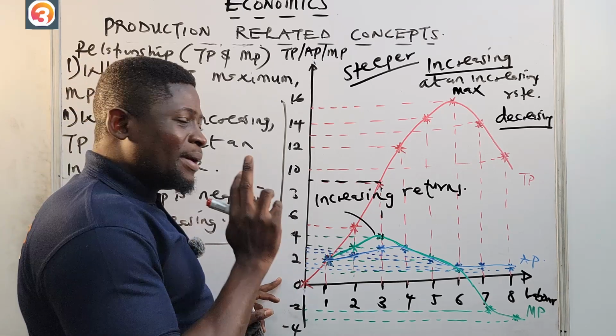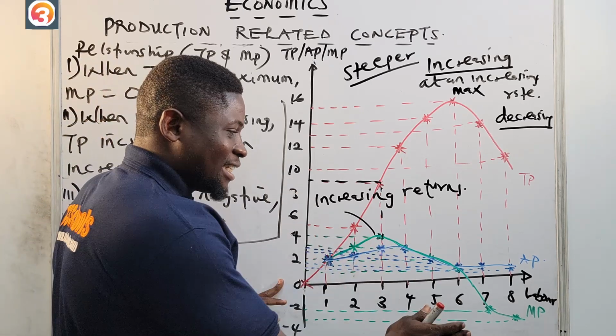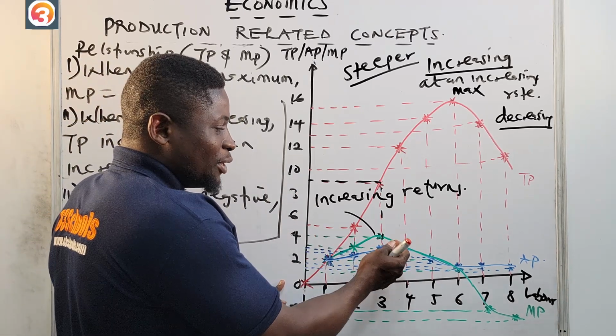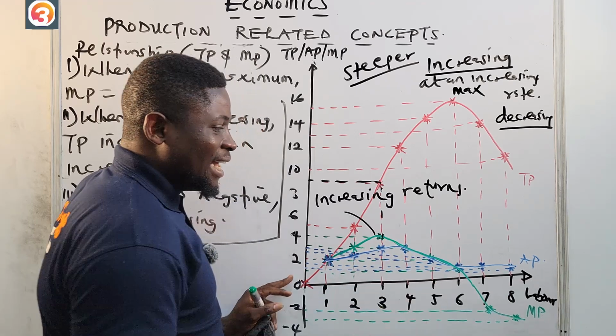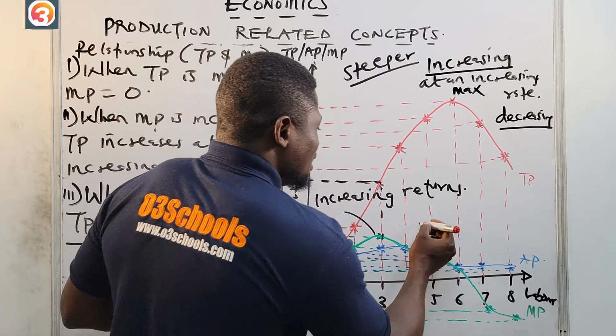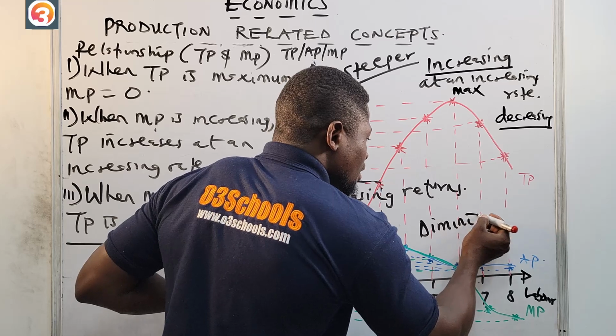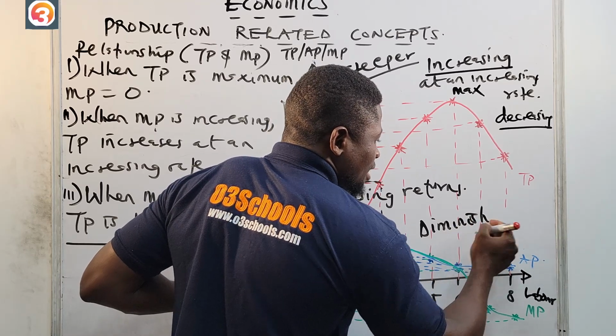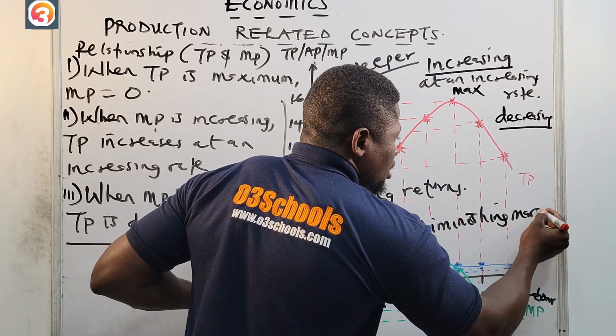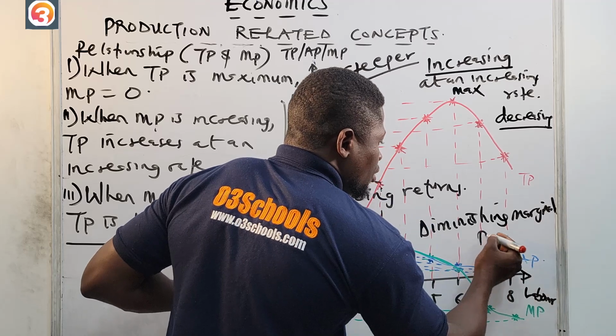But immediately the marginal product starts to decline, that is beyond 3 workers. After 3, what do you notice? The marginal product starts declining, and then we start experiencing diminishing marginal returns.